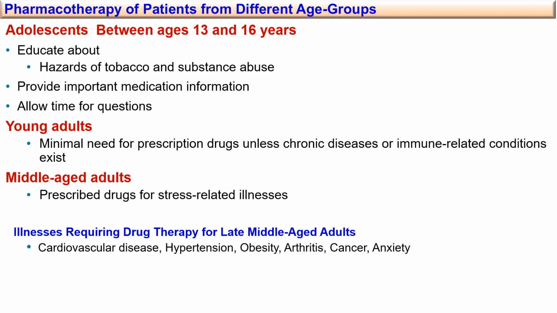The middle-aged, health changes will begin around 45 years of age. So prescribed drugs for stress-related illnesses. It includes numerous life transitions. Positive lifestyle changes could prevent drug therapy.